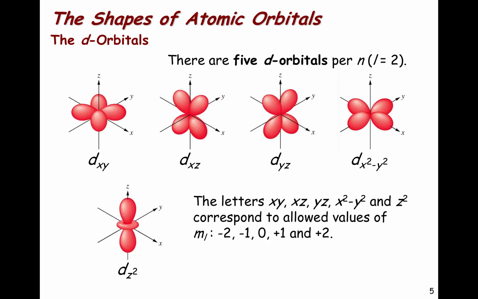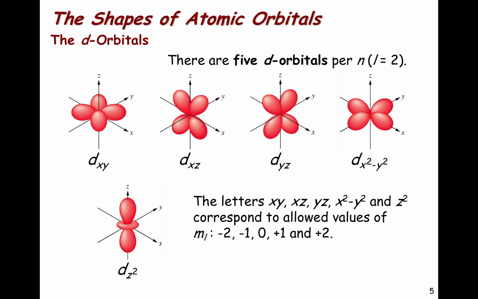This slide shows you the 5 d orbitals that are possible in the n equals 3 shell. In this case, the d orbitals look sort of like clover leaves, 4-leaf clovers.